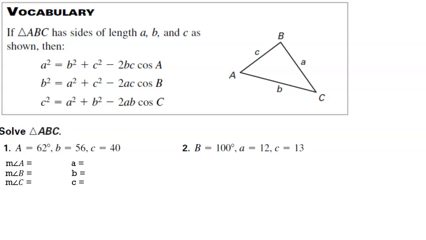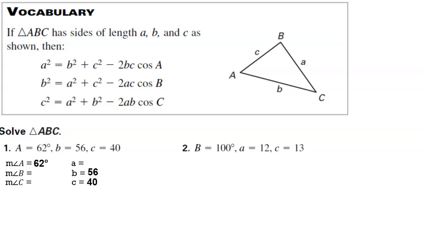We've got angle A is 62 degrees. Side B is 56, and side C is 40. Okay, so on the law of sines, the rule was always set up a ratio with the letter that you know everything about.